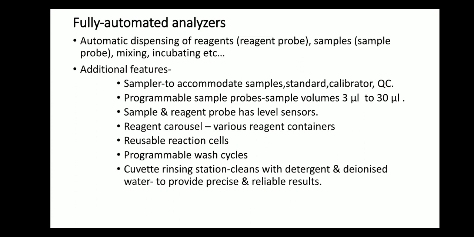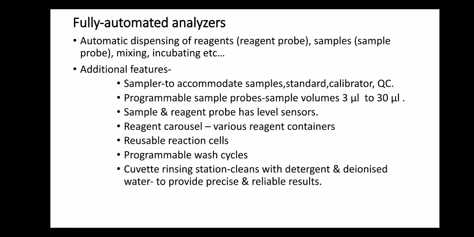There is a reagent carousel also. Various reagent containers can be kept. Since more than 100 tests can be done, all the reagents we can accommodate here. Whatever test we click on the system, the probe will take that reagent. If everything is required, everything has to be kept.